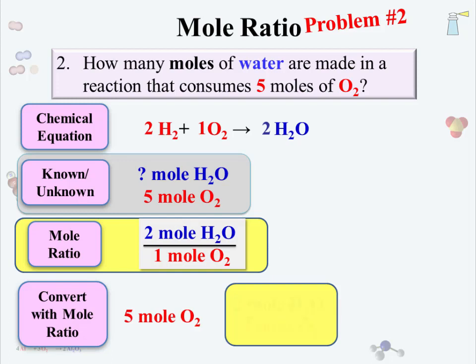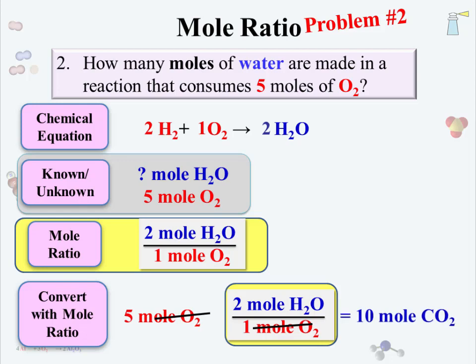And when placed back into the equation, moles of oxygen cancel out, leaving moles of water. It is the canceling of units that catches this type of error. The math is quite easy. 5 times 2 is 10. In this reaction, 5 moles of oxygen can produce as much as 10 moles of water.